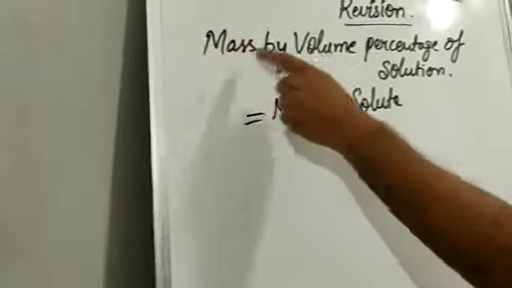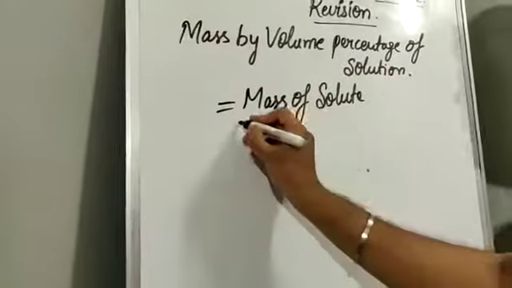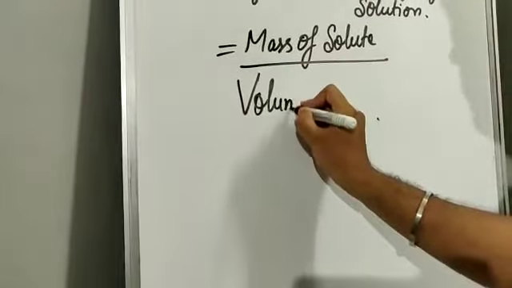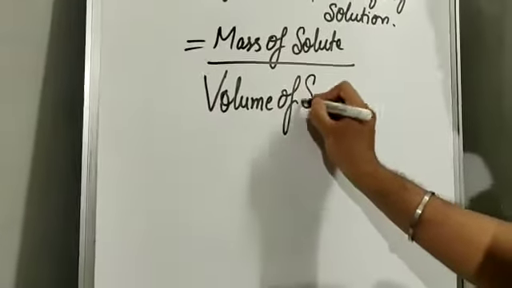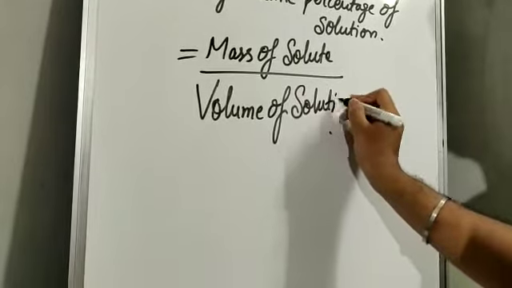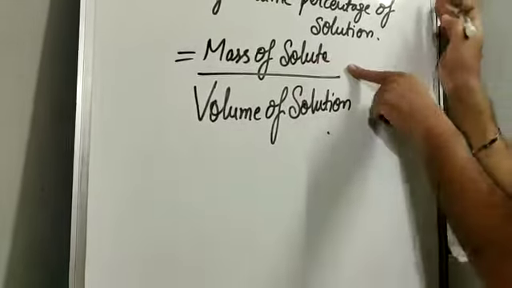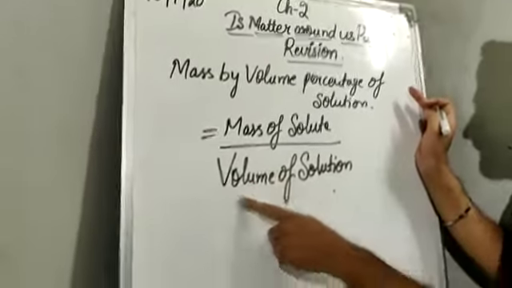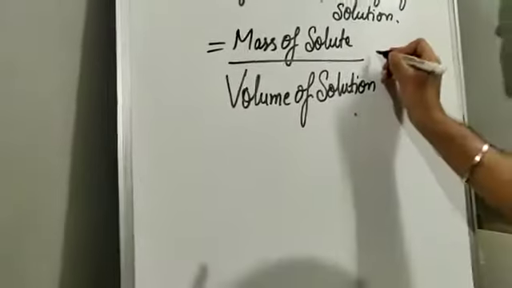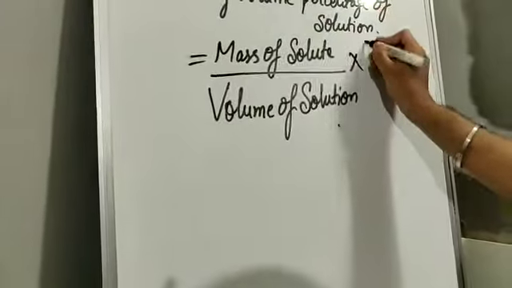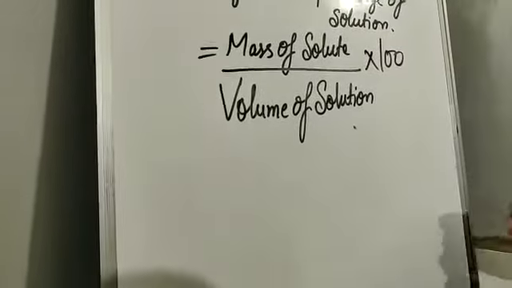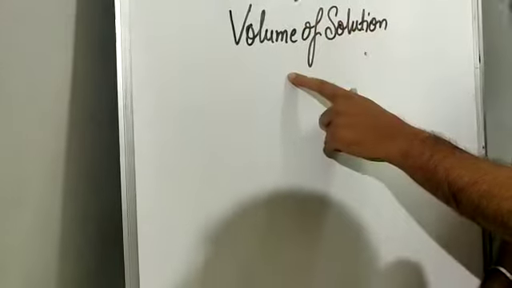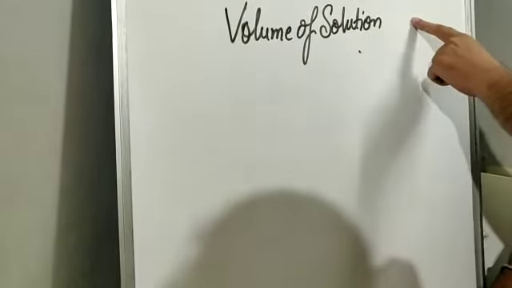Now for mass by volume, we divide it by the volume of solution, meaning how much mass of solute is dissolved in a given volume of the solution, and as it is a percentage, we multiply it by 100. Mass of solute upon volume of solution into 100.